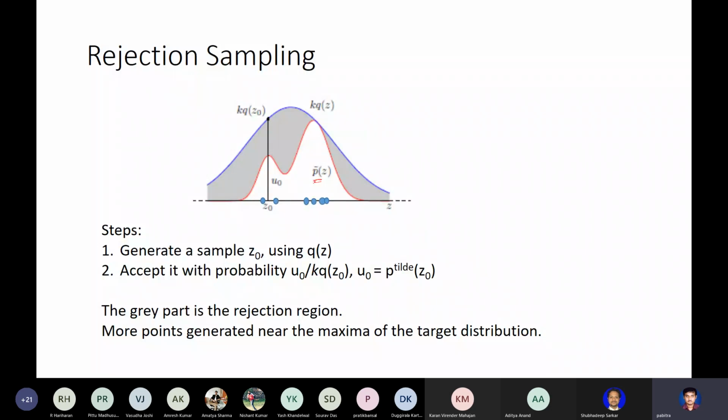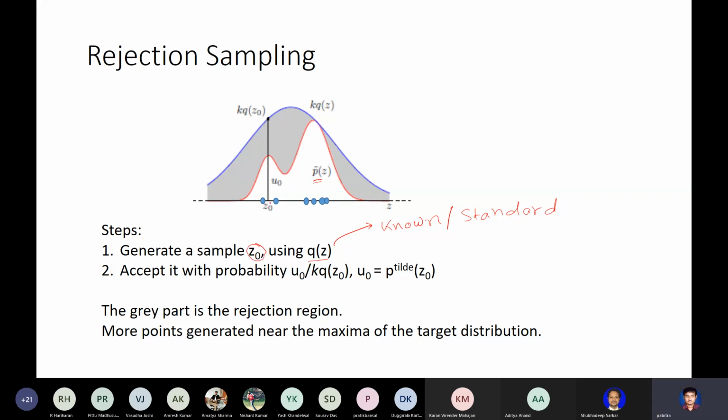Our procedure for rejection sampling is as follows. It's a two-step process. First, using the encapsulation distribution q(z), which is known, or standard, which we can sample from, generate a sample z0.